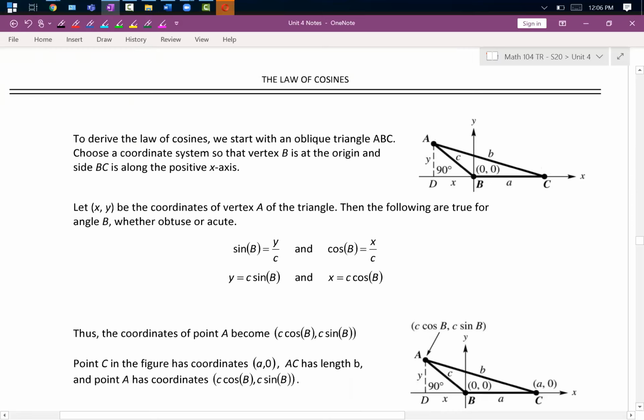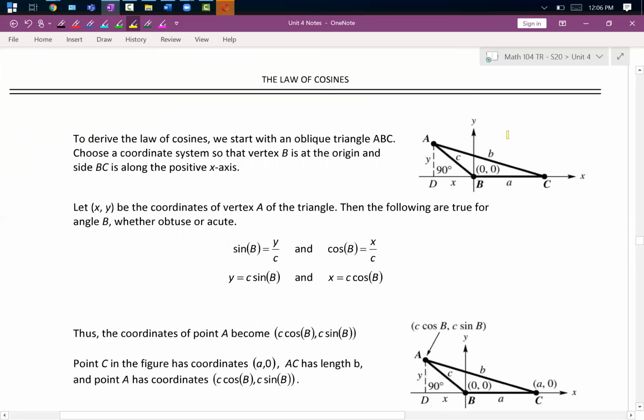I'm going to start with an oblique triangle, ABC. I'm going to choose a coordinate system, x, y, put my axes so that the vertex B is at the origin and side BC is along the positive x-axis.